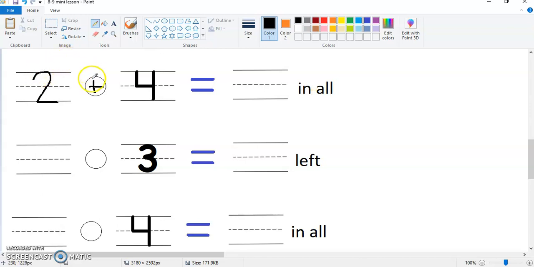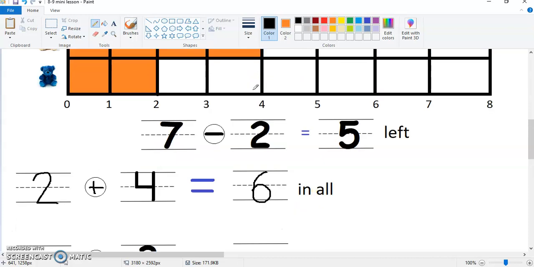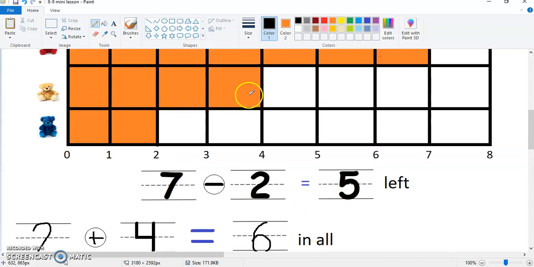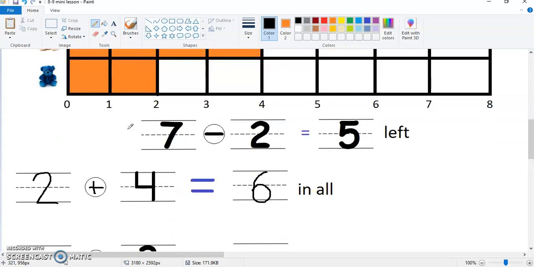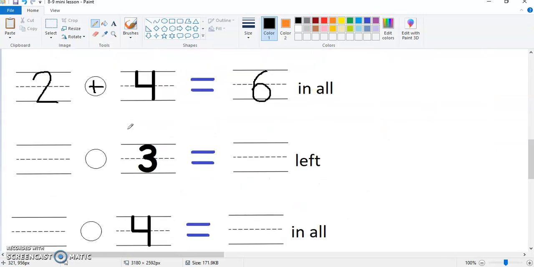Blue bears plus the yellow bears equals how many in all? How many blue and yellow bears? Well, we'll count on 4, 5, 6. There are 6 bears in all. We can look at our chart for that. We started with 4, we'll count on 5, 6. 6 bears in all. 2 plus 4 equals 6.